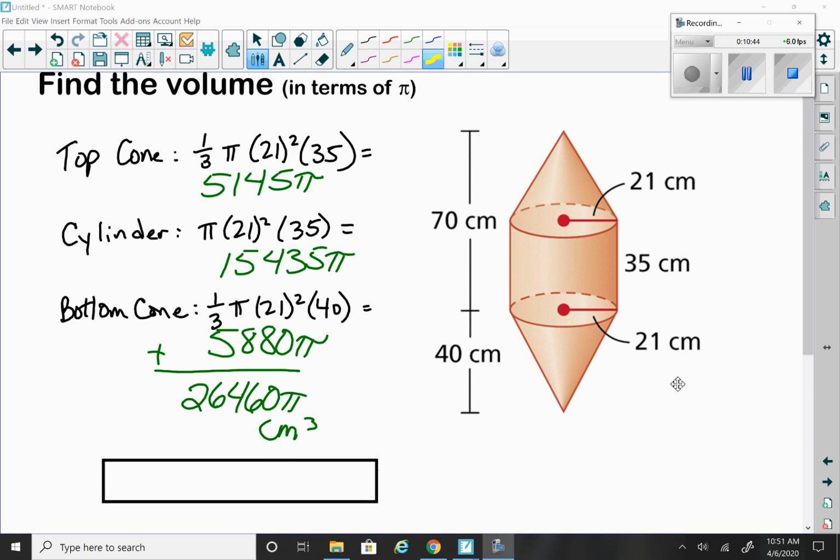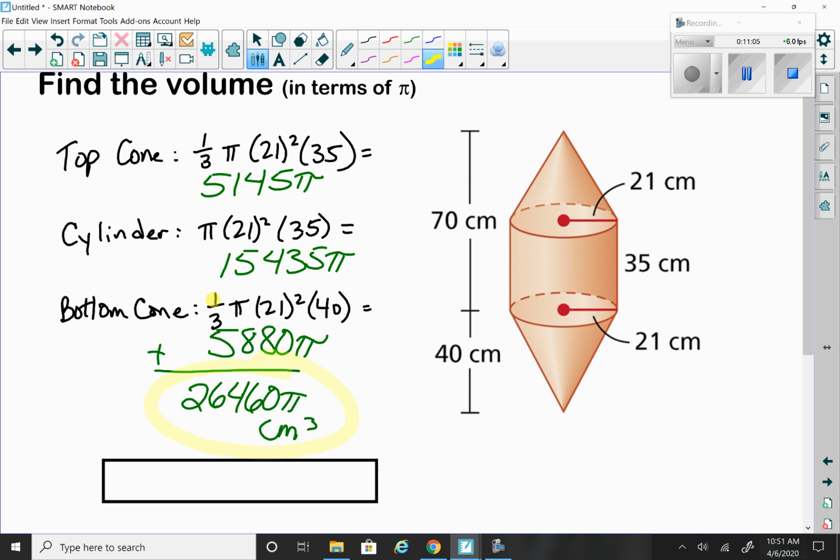Okay, so for the first shape, the top cone, I have a volume of 5,145 pi. The cylinder, I have 15,435 pi. And then the bottom cone, I have 5,880 pi. When I add those together, you should have a total volume of 26,460 pi.